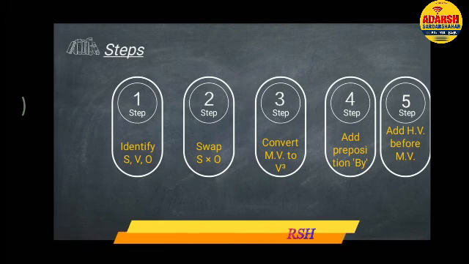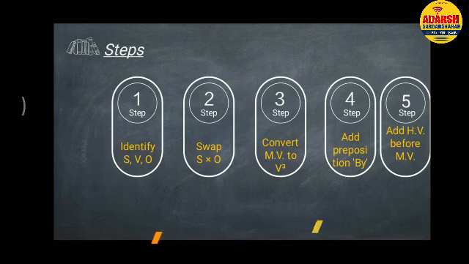First is identify subject, verb and object. Verb is an action always, and subject is the doer who is performing the action, whereas object is on what the action is performed. Second step is swap subject to object and object to subject. Third, convert main verb to verb's third form, because in passive we always use past participle.